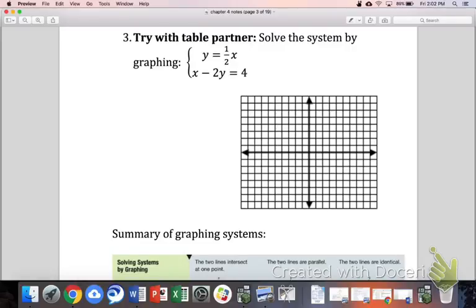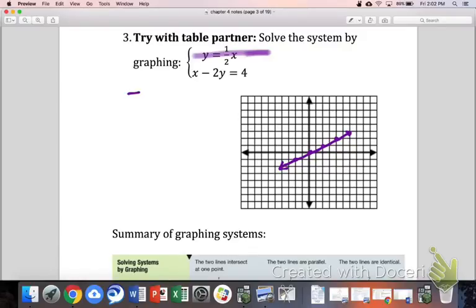Ladies and gentlemen, I want to fill you in here before we go. The purple line has a y-intercept of 0 and a slope of 1/2. So I'm just doing this quickly here. This line would look about like this. Now the other line is not in slope-intercept form, but I want you to notice something.